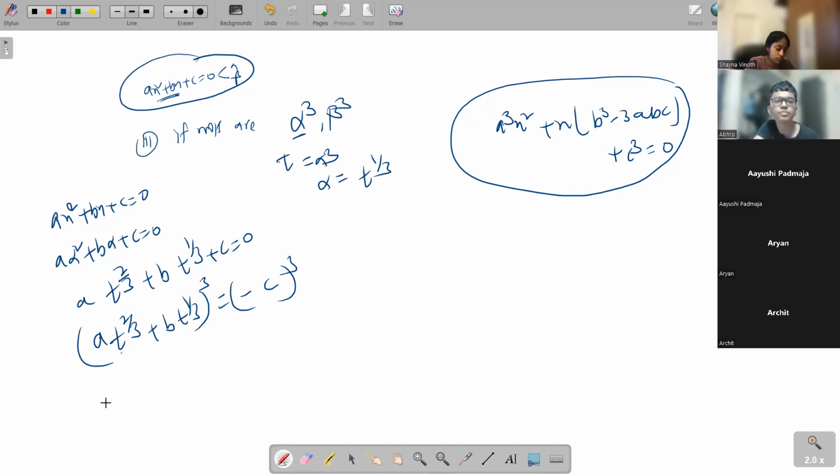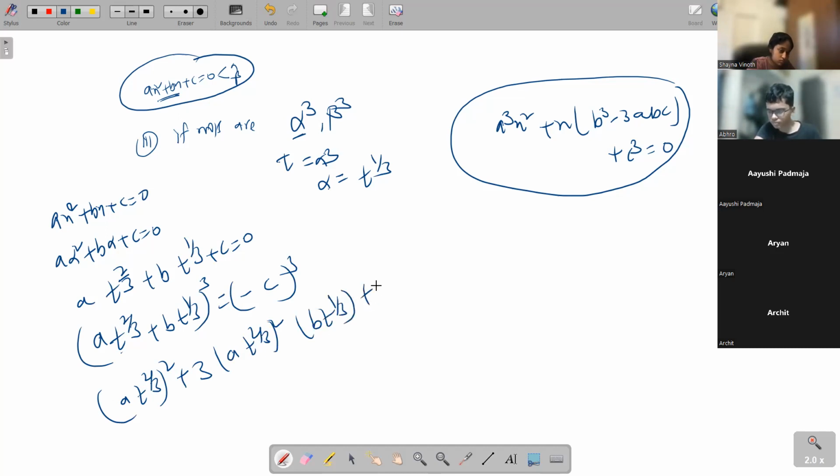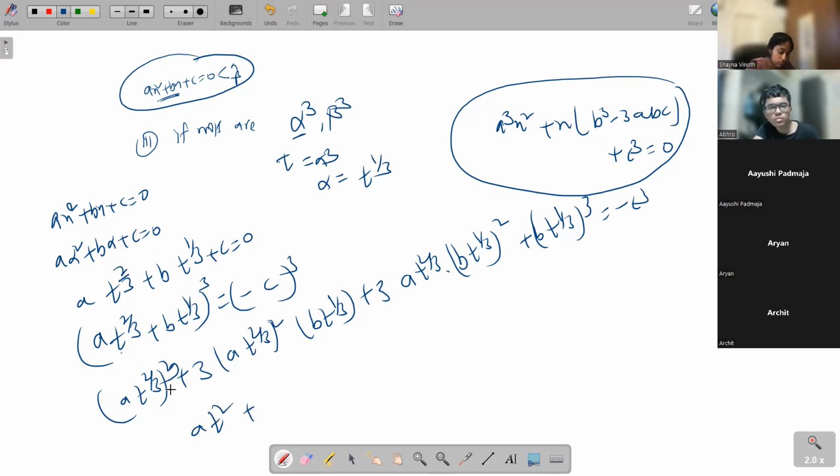This is a plus b whole cube, so this is a cube plus 3 a square b plus 3 a b square plus b cube equal to minus c cube. Now a cube into t square, and 3 a square b into t raised to 2 by 3 times t raised to 1 by 3.